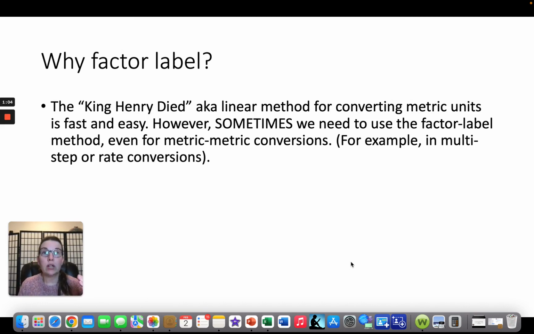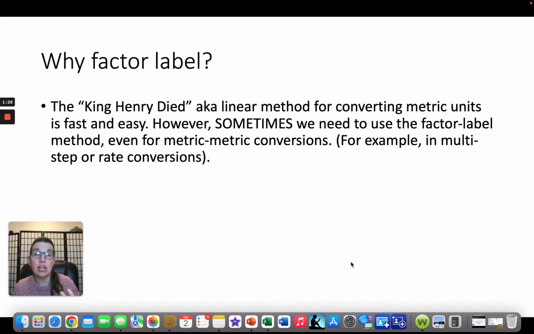So sometimes we're going to be converting miles per hour to meters per second and things like that. Or we're going to have milliliters into liters and then into gallons. And in those cases, you need to include part of your factoring, your multiple steps, using the factor label method, even though you're going from a metric unit to a metric unit.